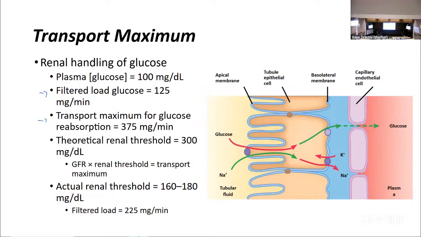And our renal threshold is our blood value that gets us to that transport maximum. So these are all kind of similar concepts, especially this transport maximum and this renal threshold. The transport maximum is specifically about the transporters, and the renal threshold is going to be a blood value.